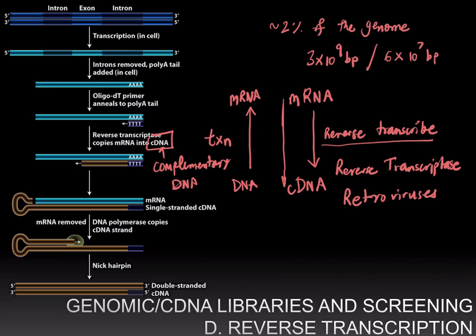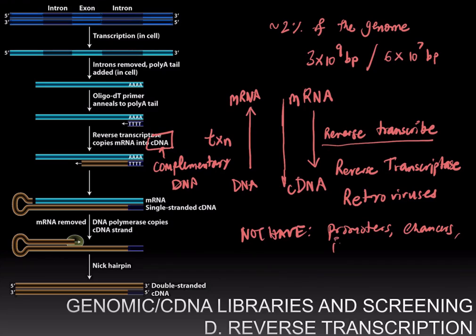And sort of the things to keep in mind about cDNA is what it does not have. cDNA will not have things like promoters, which are never transcribed, or enhancers, which are non-coding sequences.